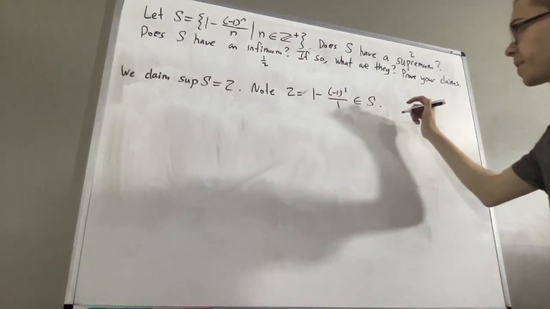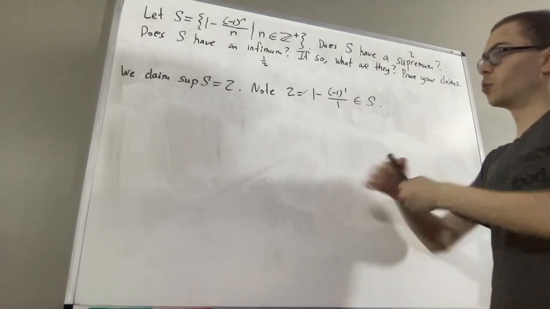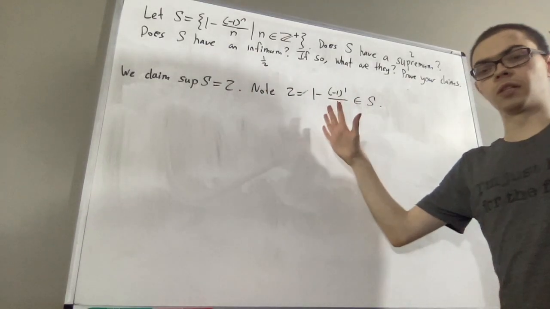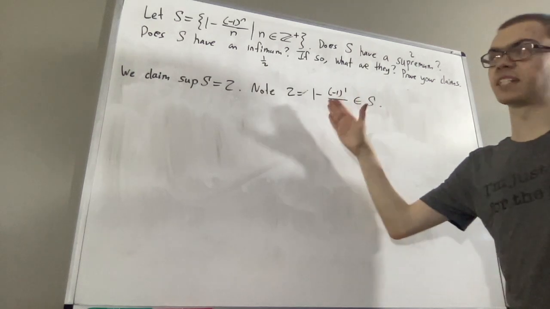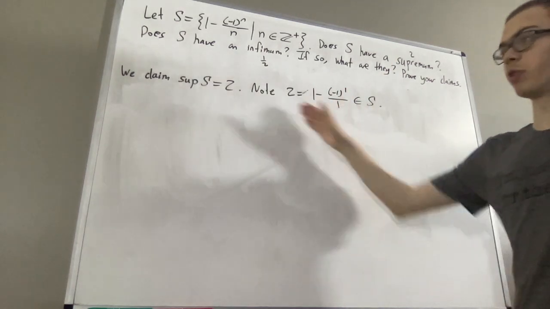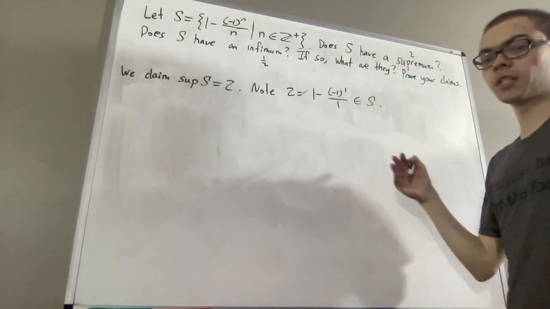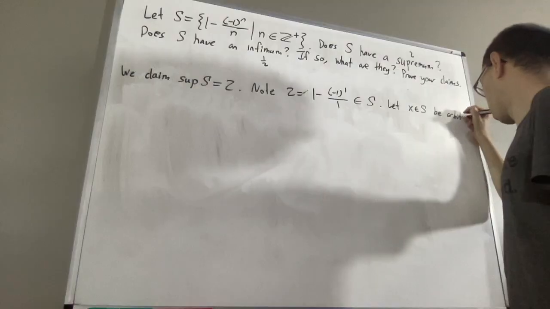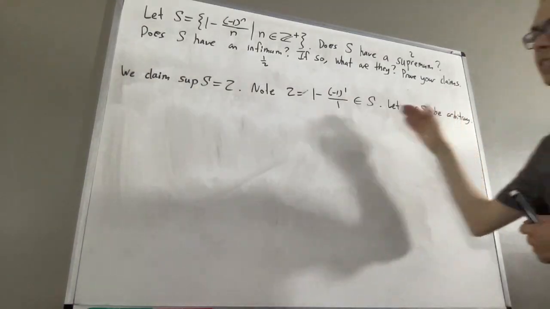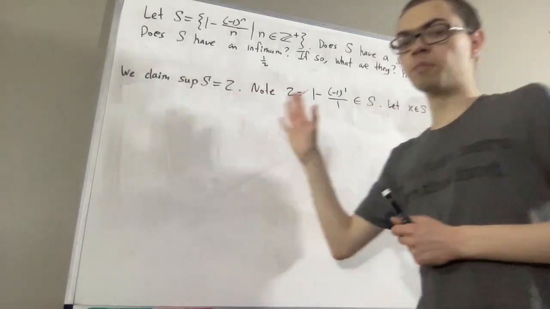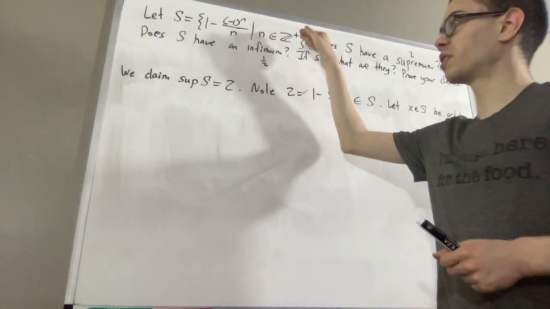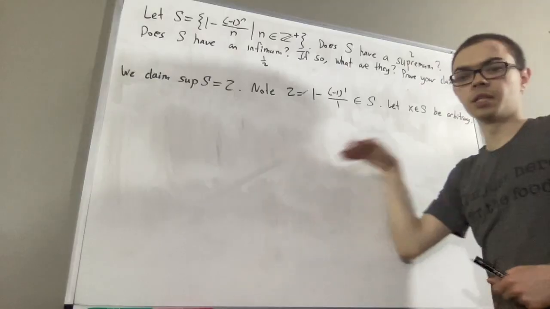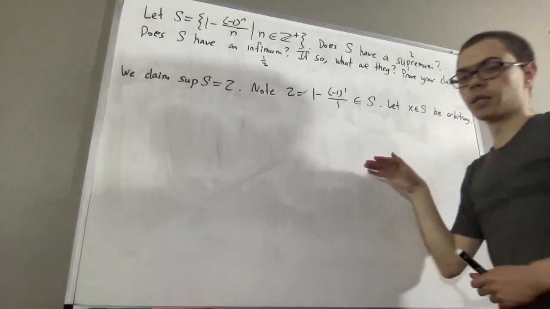So 2 is an element of S, but why is 2 going to be the largest element of S? To prove that, we want to show for every x in S, x is less than or equal to 2. So to do that, let's give ourselves an arbitrary element, x in S. Now to show x is less than or equal to 2, from what we observed about the behavior of the sequence, we saw that one portion was decreasing to 1, while another portion was increasing to 1, as it appeared.